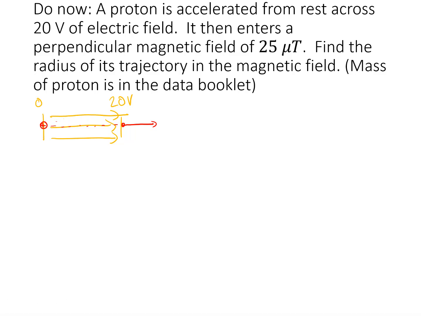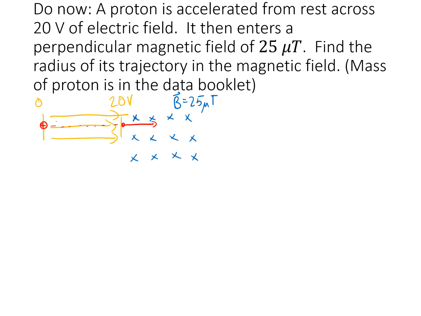It says our magnetic field is perpendicular, so I'm going to represent it as going into the page, but we don't necessarily know. Let's just draw it going into the page there. And the magnetic field is equal to 25 microtesla.